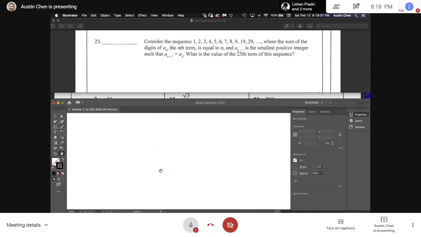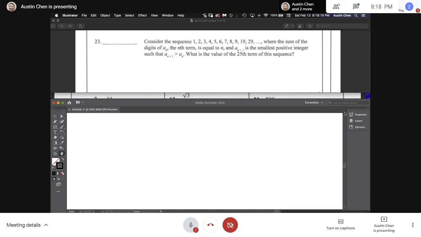Consider the sequence 1, 2, 3, 4, 5, 6, 7, 8, 9, 19, 29, where the sum of the digits of a sub n, the nth term, is equal to n, and a sub n plus 1 is the smallest positive integer such that a sub n plus 1 is greater than a sub n. What is the value of the 25th term of the sequence?